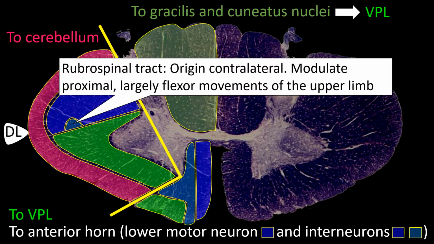Another tract in this area is the rubrospinal tract. This tract originates in the contralateral red nucleus, crossing to the other side shortly after leaving the red nucleus and going down. This crossed tract is involved in the modulation of flexor movements of the upper limbs.